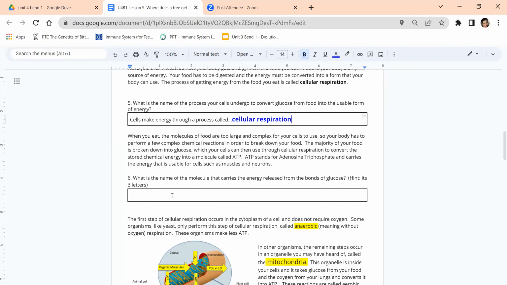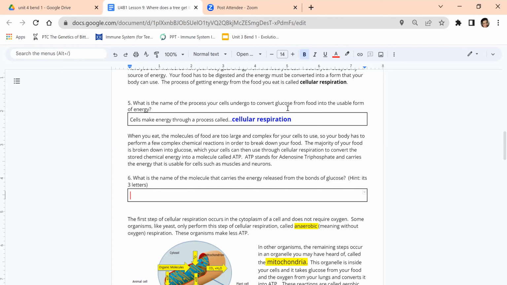When you eat, the molecules of food are too large and complex for your cells to use. So your body has to perform a few complex chemical reactions in order to break down your food. The majority of your food is broken down into glucose, which your cells can then use through cellular respiration to convert the stored chemical energy into a molecule called ATP.